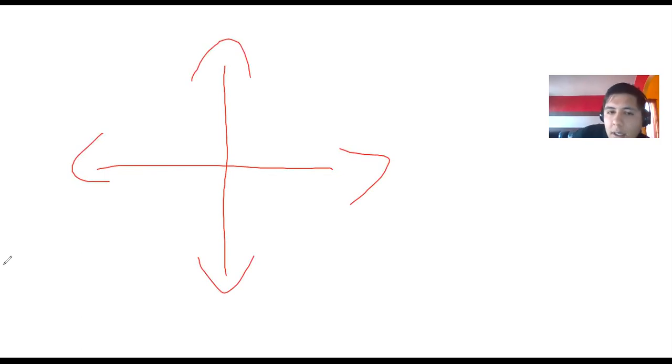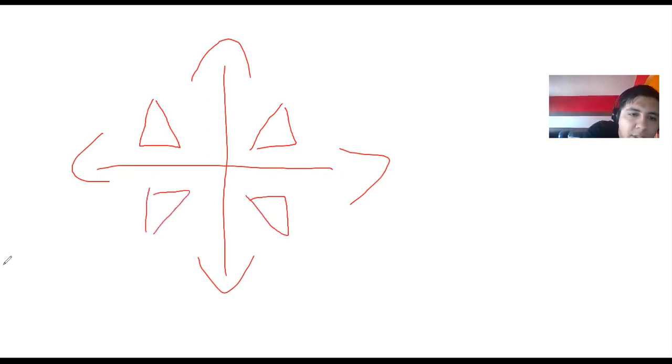But let's just say I have a grid and I have a triangle on here. I can transform it by moving the triangle, or I can rotate the triangle so now it looks like that, or I can reflect the triangle. So there are different kinds of transformations depending on what you're looking for. But the very first one that we're going to be looking into is translations.